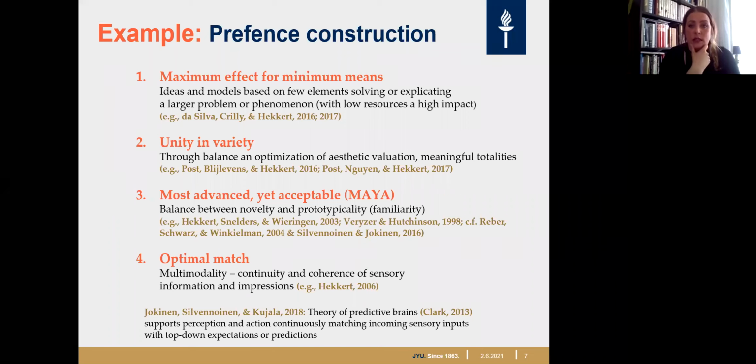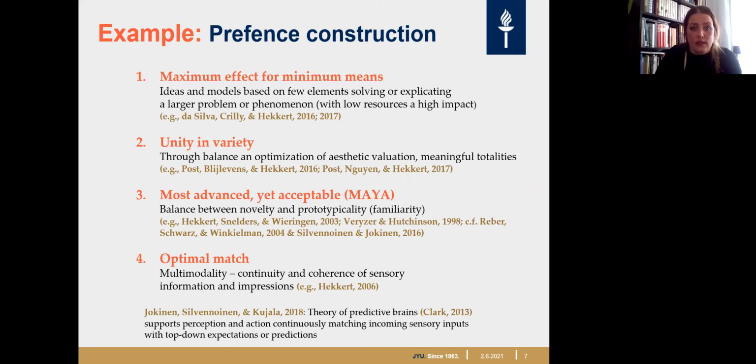Unity, creating something that is easily grasped, cognized effortlessly, but then it needs to have something that differentiates from the totality of it to make it meaningful. So here the unity would refer to the sense-making aspect of it, and variety to something that is more affective.